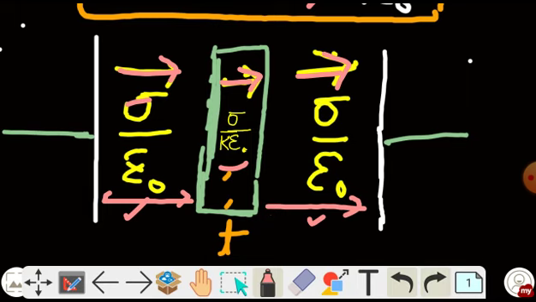So we can break this question into two parts, because we know the electric field intensity within the dielectric and we also know the electric field intensity in the vacuum region. We can consider this question as a combination of this dielectric portion plus the remaining vacuum, because these together form this system.